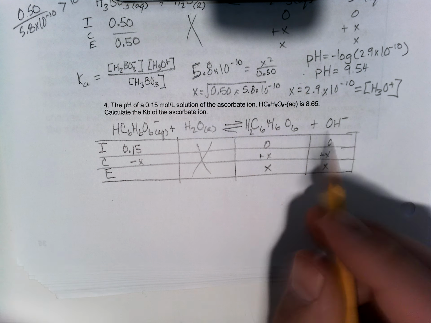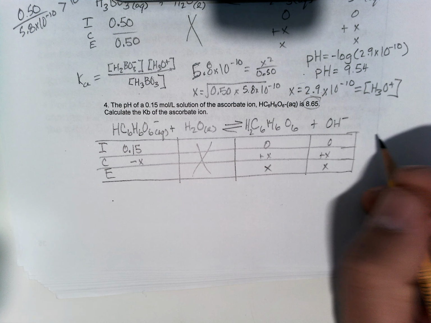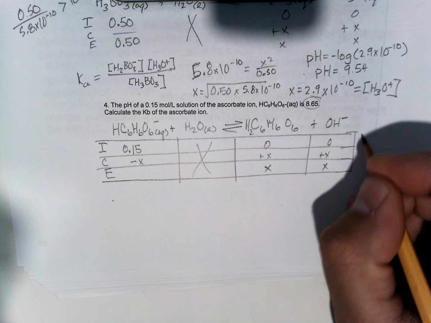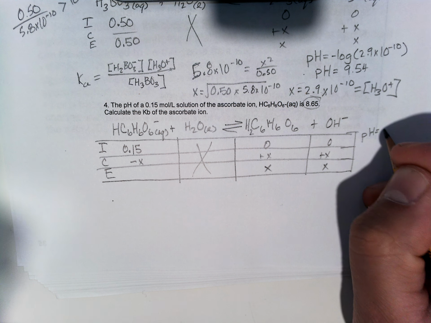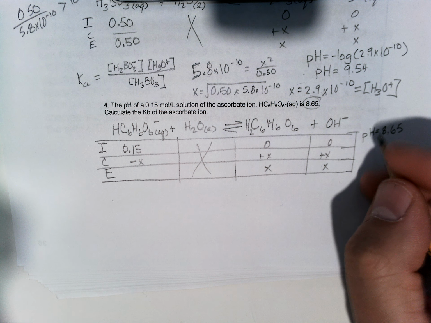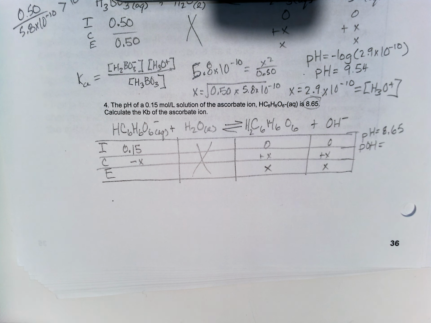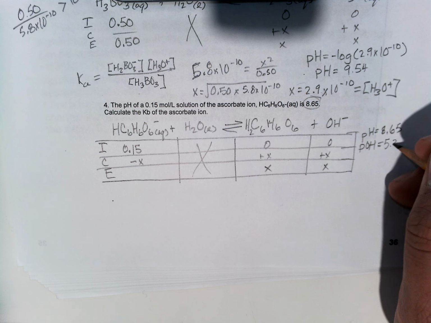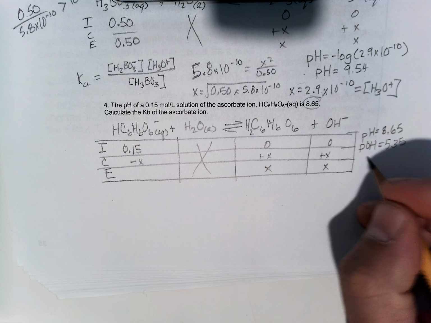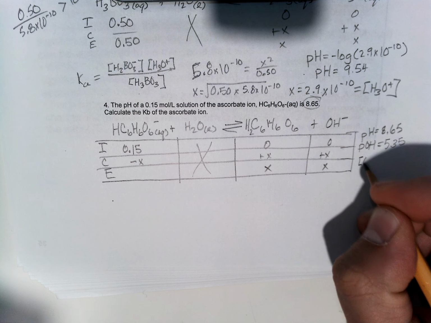So we have the pH is equal to 8.65, okay, which means that the pOH is equal to 14 minus 8.65, 5.35. Okay, and then we'll use the concentration of hydroxide is equal to 10 to the negative pOH.